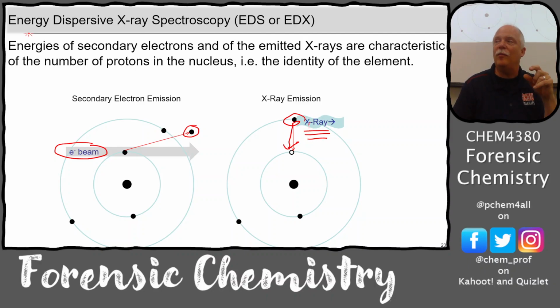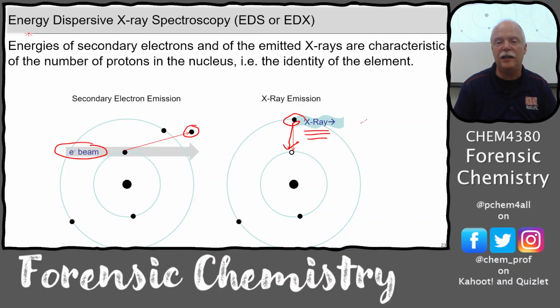And every element, having a different number of protons, has a different X-ray that's spit out when something drops into the 1s shell. So this tells you exactly what you have on the periodic table. Every element on the periodic table will give you a unique X-ray fluorescence signal.